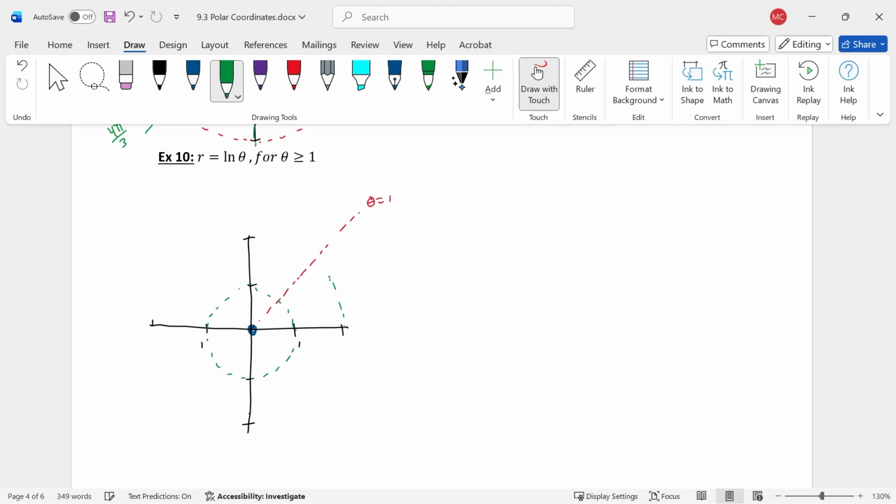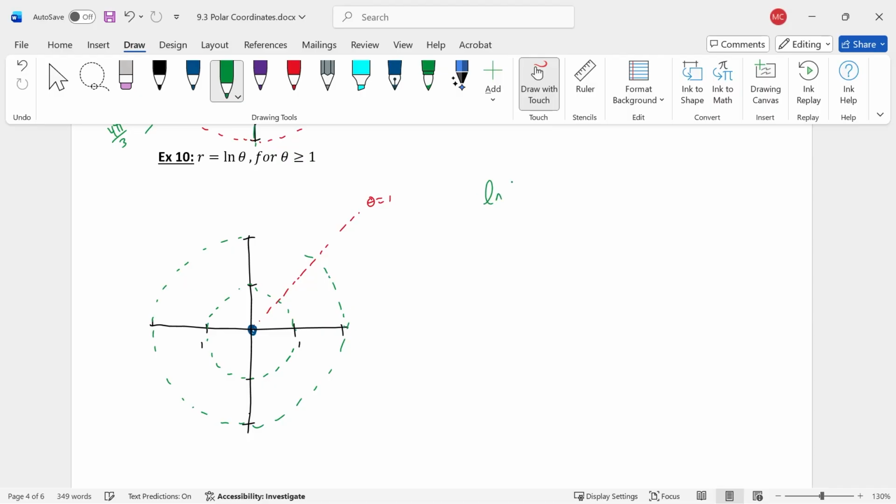But we can still think through the graph, plot a few points, and understand the general idea of what this graph is doing. In this case, the natural log isn't defined based on nice angles, so we're going to start at 1 and start plugging in some other angles.